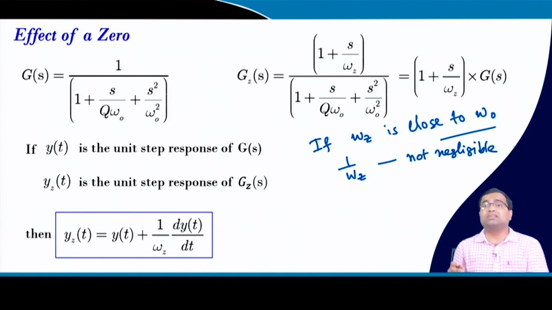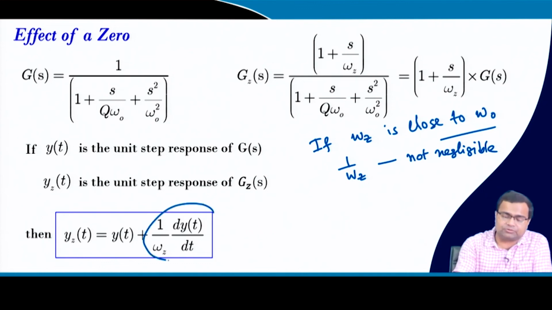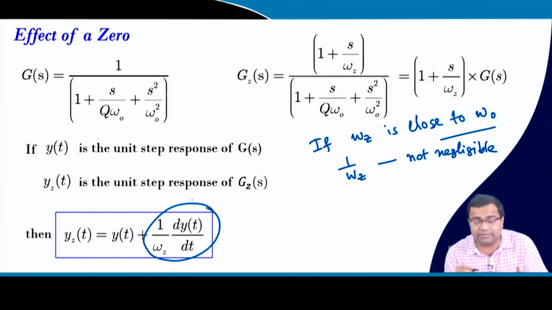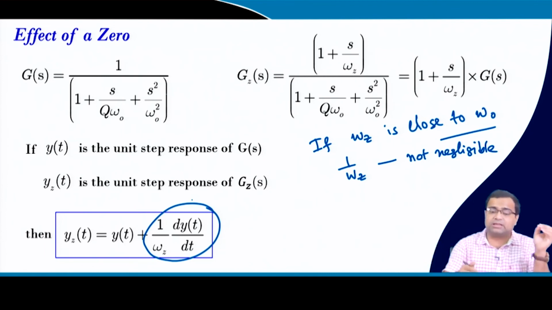In fact, it can be quite large, and if the 0 comes close to the imaginary axis, the response will be very fast. Even if you take a first order system, you can have overshoot in the response if there is a 0. Okay.